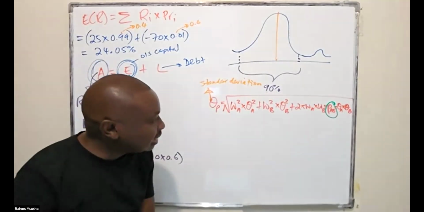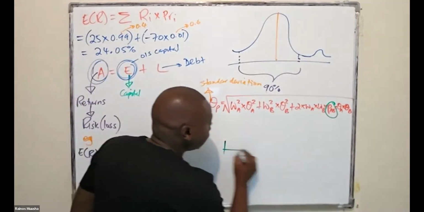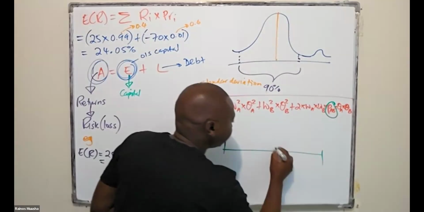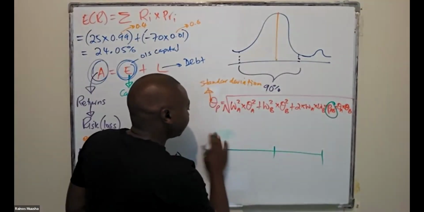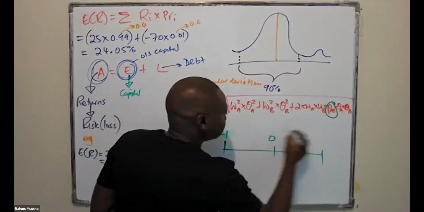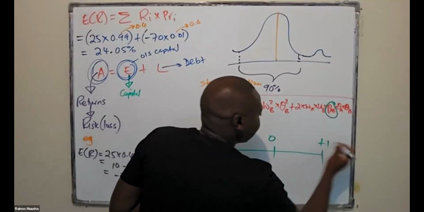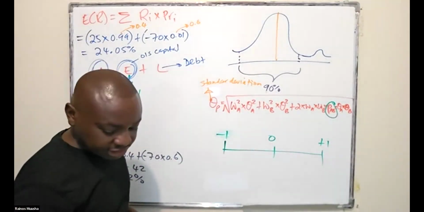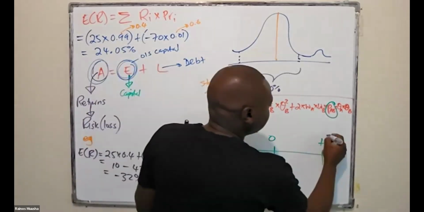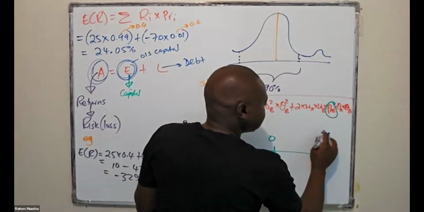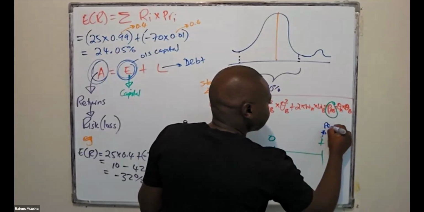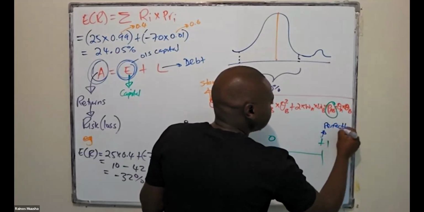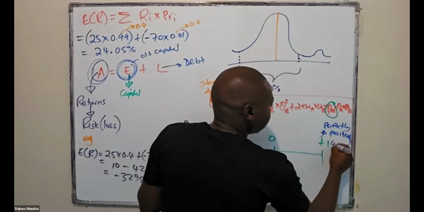Now, how do we analyze the correlation coefficient? Your correlation coefficient varies between -1 and +1, right? Where we say when the correlation coefficient is at +1, we say the two assets are perfectly positively correlated.